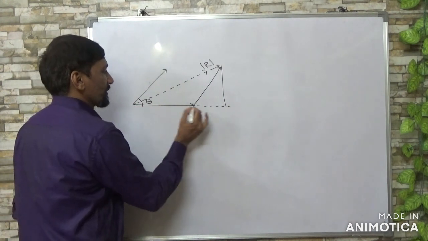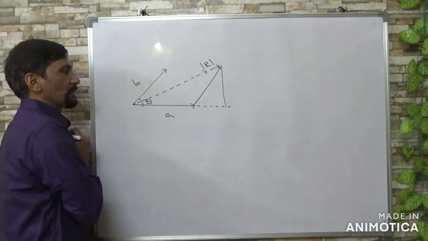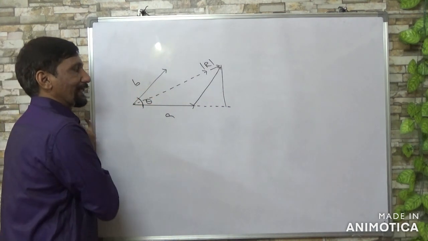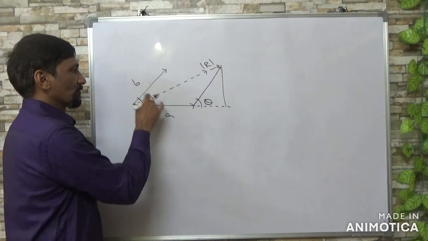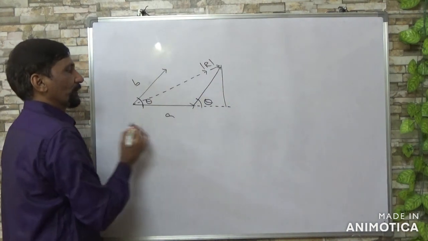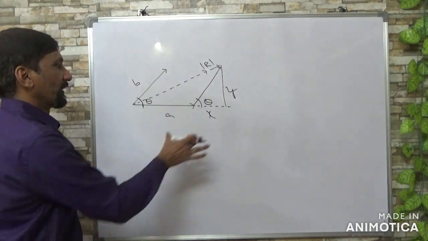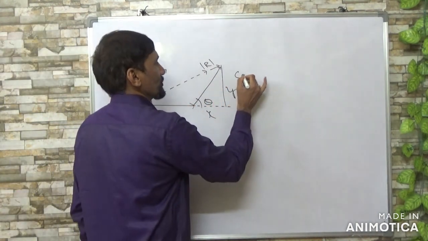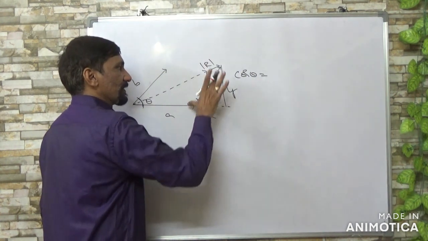Say the magnitude of the first vector is A, and the second vector is B. If they are inclined at an angle theta, this will also become theta. Say this is X, this is Y. You want to find this. Take cos theta, which is adjacent by hypotenuse.